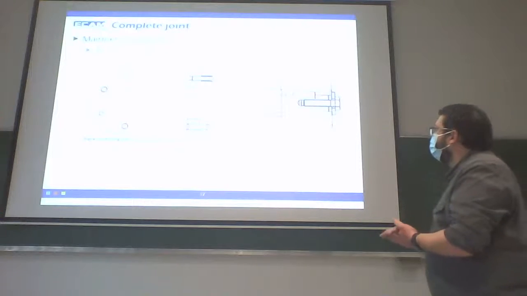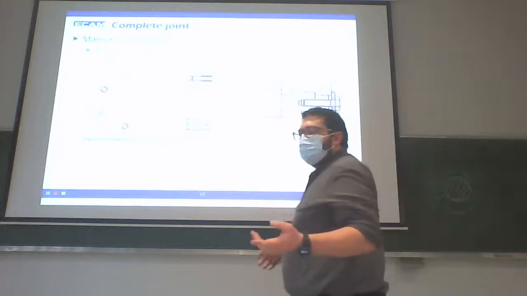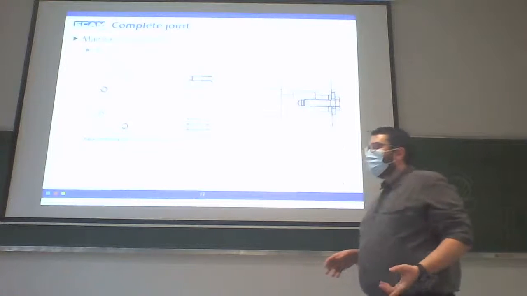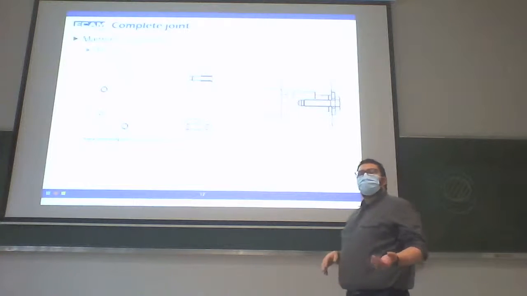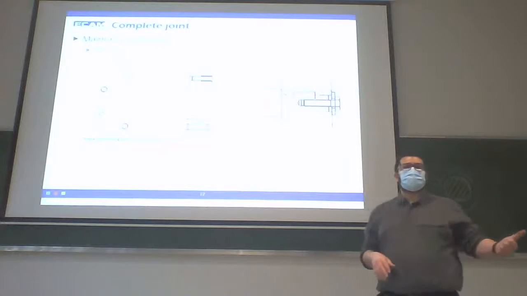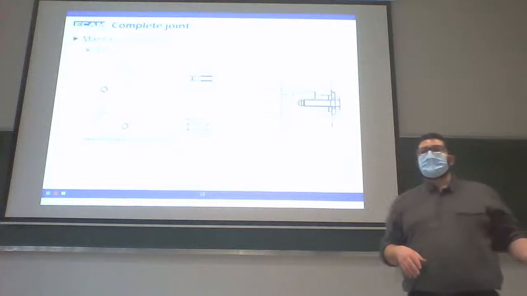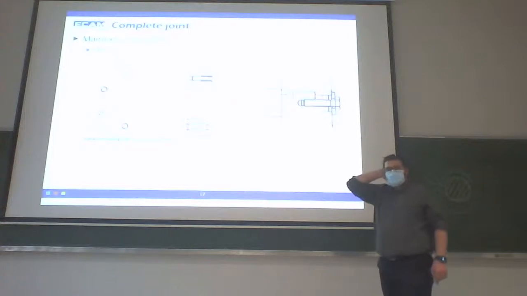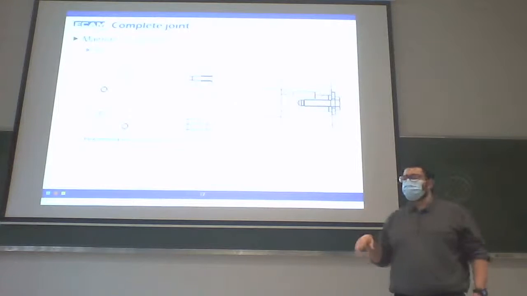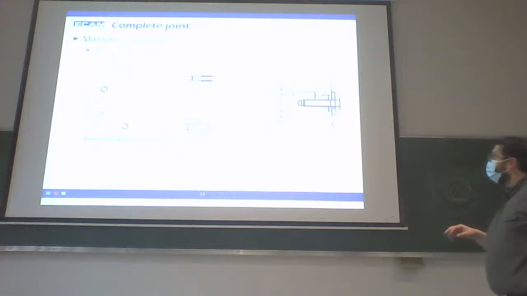With cylindrical contact, here I have the cylindrical contact, so I need to stop translation and rotation. To stop the rotation, I will use a key. We'll see the definition of a key after.